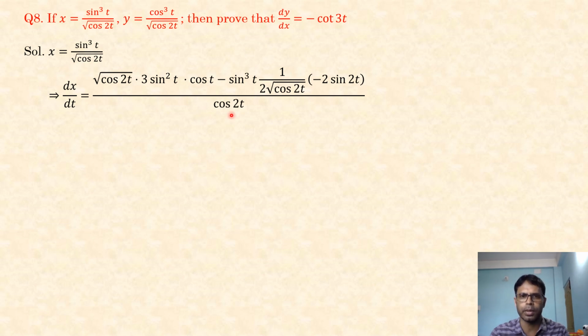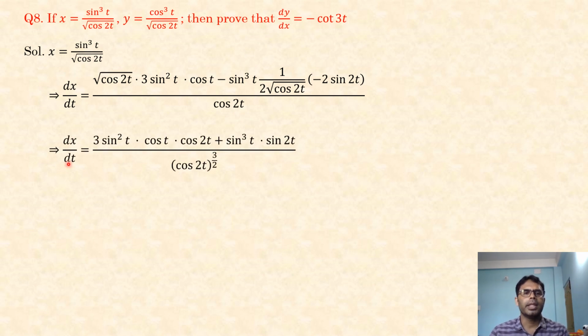So root over will be cancelled out; I removed the root over together. Take the LCM: this 2 is cancelled, here 2 is cancelled, this minus will come here as plus, and along with it cos 2t. So dx/dt is equal to, in the denominator, root over cos 2t comes here, meaning cos 2t to the power half.